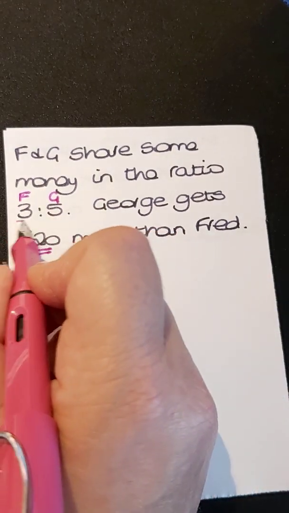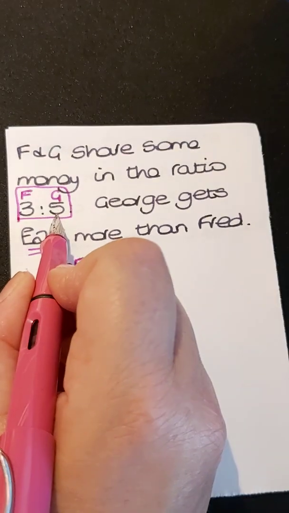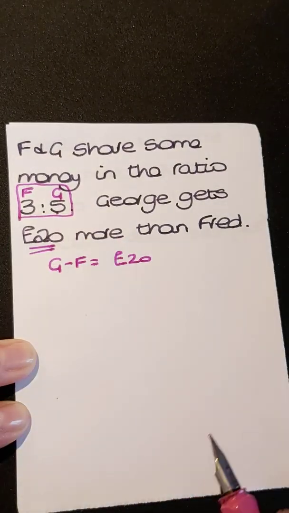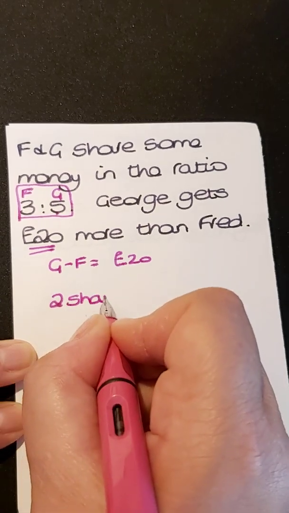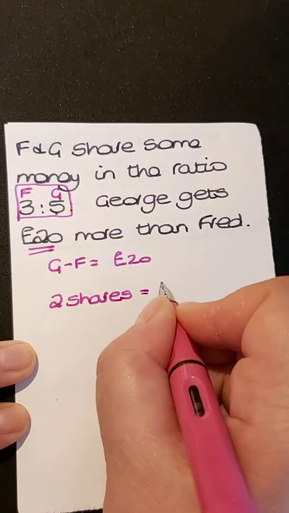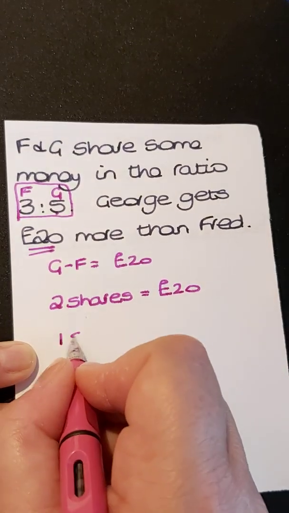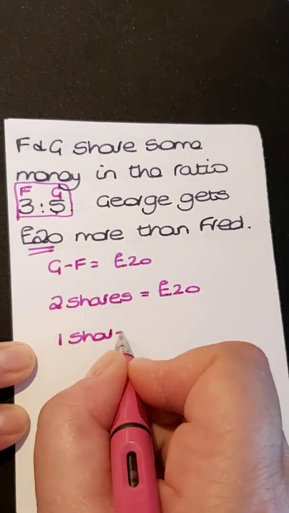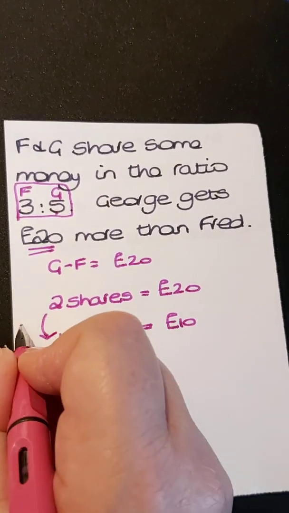Now if I look at my ratio there, George shares take away Fred shares is 2 shares. So 2 shares, 2 pieces of that ratio is worth £20. So 1 share must be £10. And I got that by dividing by 2.